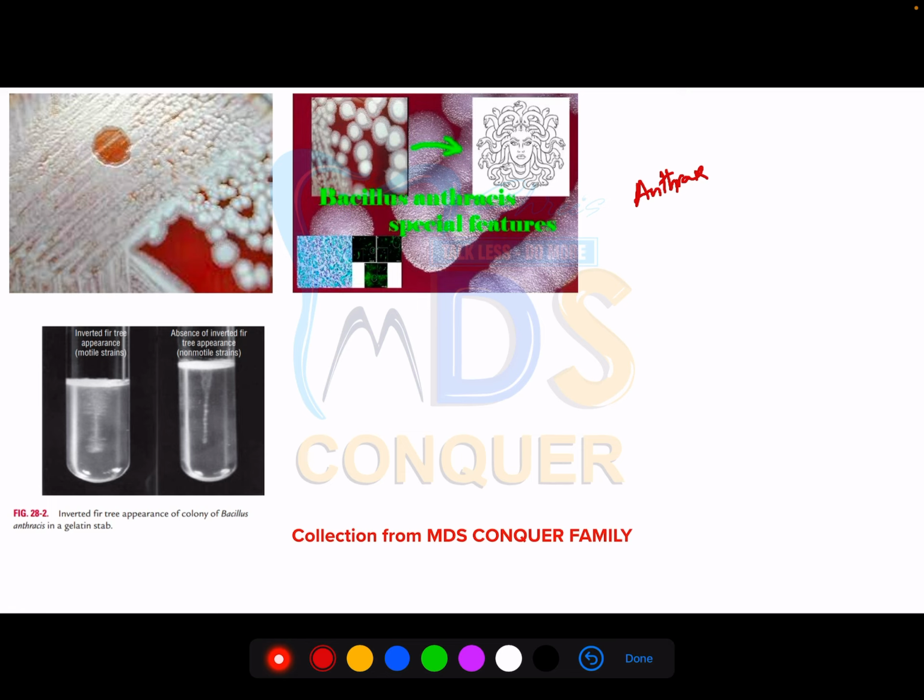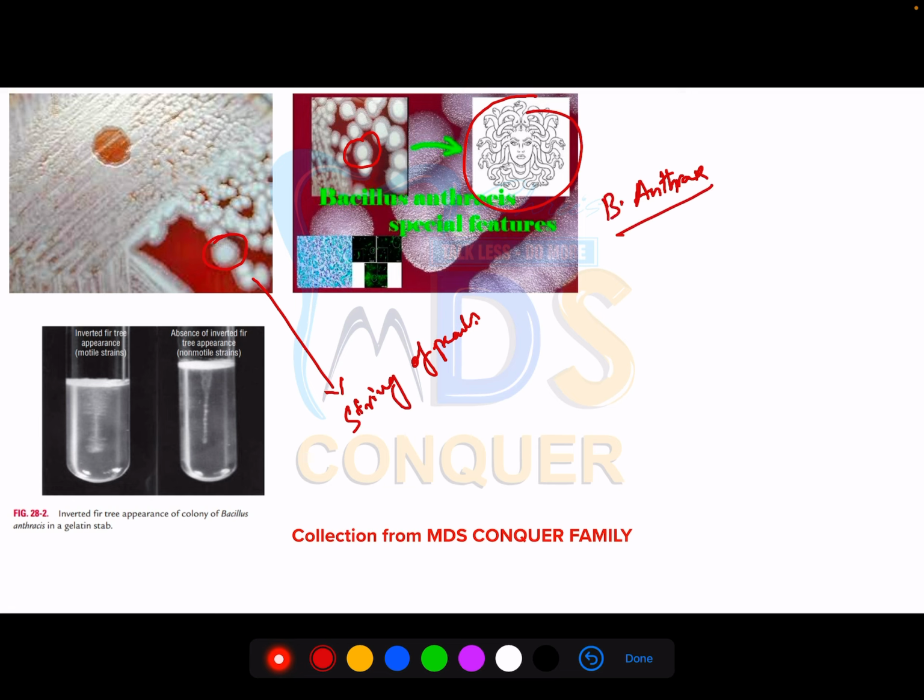The best differentiating feature is the string of petals, which you can see here. If you magnify each petal, the outline looks like a medusa head appearance. They can ask you: medusa head appearance is seen in the culture of? The answer is Bacillus anthracis.